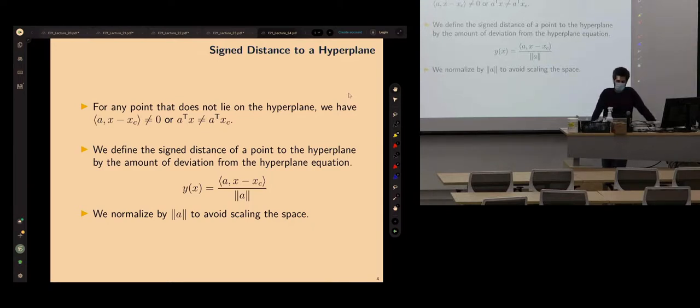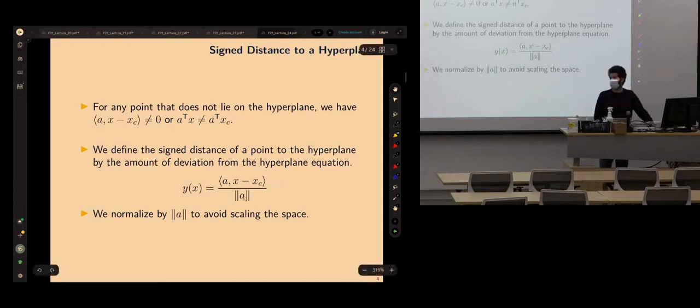We came up with a generalized formula for the distance to a hyperplane, given its normal vector A, a vector that is orthogonal to the hyperplane, and an arbitrary point on the hyperplane. This y of x, for any point, even if it's not on the hyperplane, shows the amount of deviation, the shortest distance to the hyperplane.